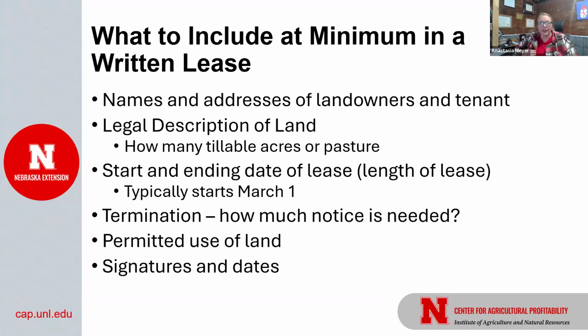And I also like to have a cell phone number in there, just in case something happens, so you know how to get a hold of them other than just mailing a letter or some sort of communication that way. You also need the legal description of the ground. So that's typically the long 1/2 north, whatever that legal description for that ground is. Put that in the lease as well.